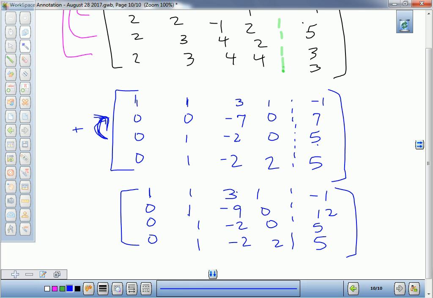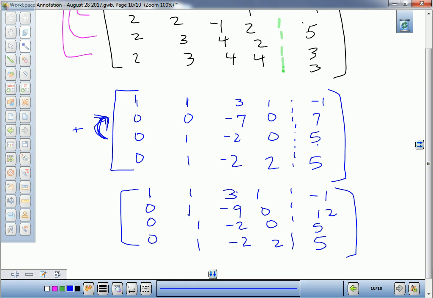Then we do -2 plus 2 is 0. -6 plus -1 is -7. Then we can do it again. -2 plus 2 is 0. Negative 2 plus 3 is 1.